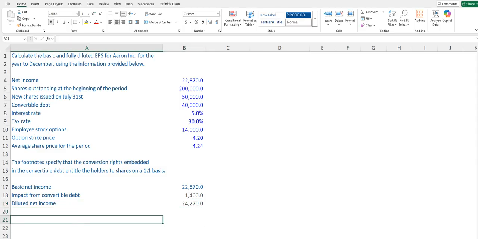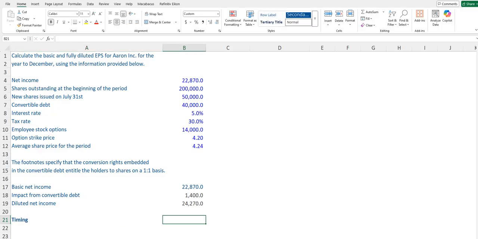And now we also want to calculate WASO. WASO is the weighted average shares outstanding. So we have the timing here, and then we also have the shares here, and then the weights, and then the WASO.